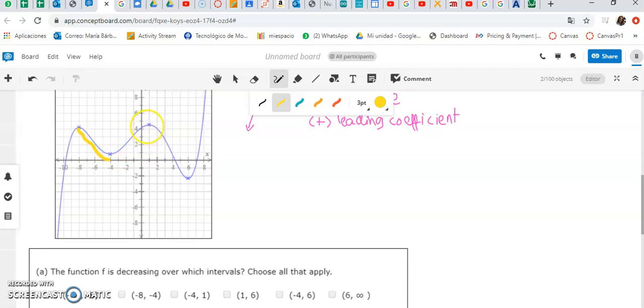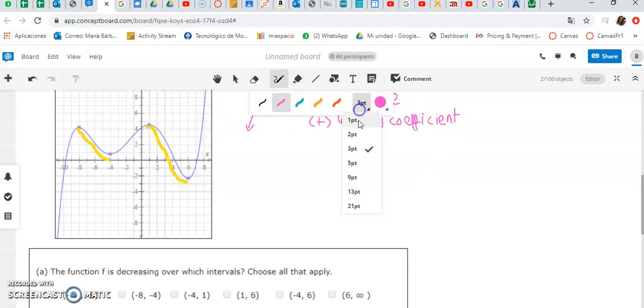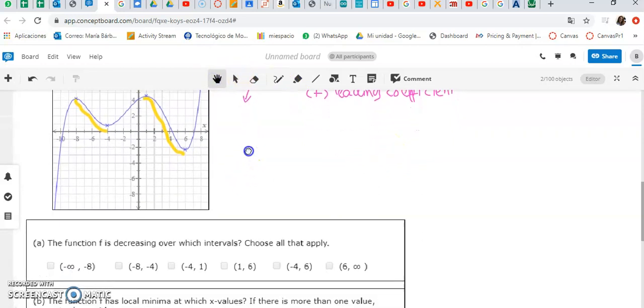So I'm going to show you with yellow color where the graph is decreasing, from here to here, okay? And then again, it starts increasing. Now, let me take my pink pen because I want to show you where you have to select the answers, okay?